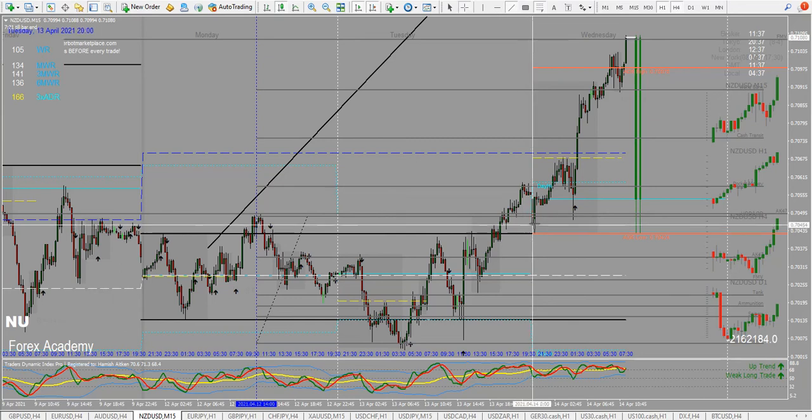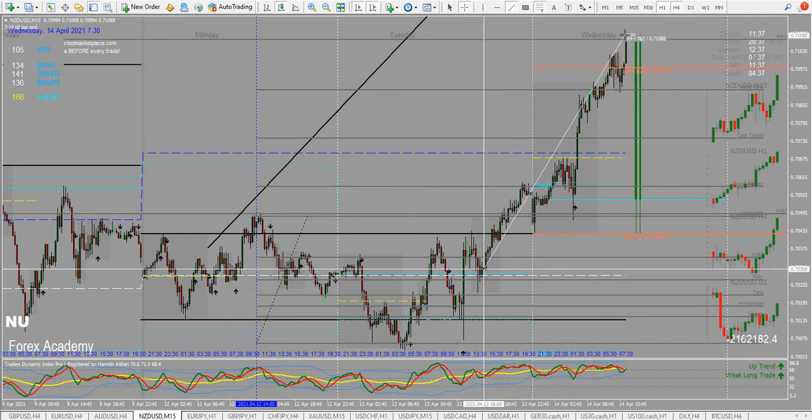If my entry was here, from there to here, it's 78 pips, and it could have been a nice trade that I didn't take.